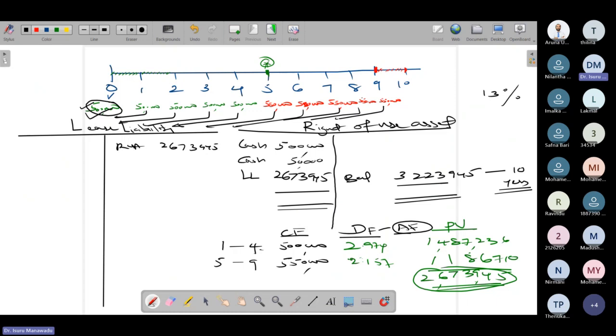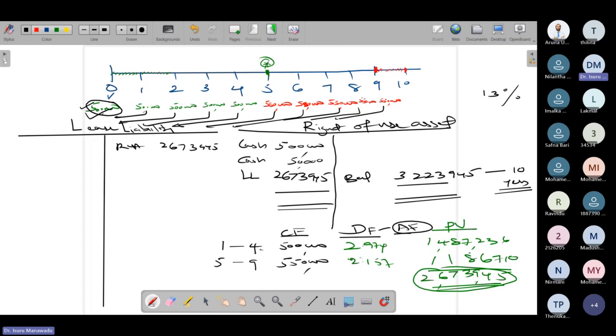Now you need to explain. You can explain as per SLFRS 16, the lessee should recognize a right of use asset and a lease liability. Then you can say the right of use asset should be measured at cost. The cost consists of the present value of lease installments as well as initial direct cost.